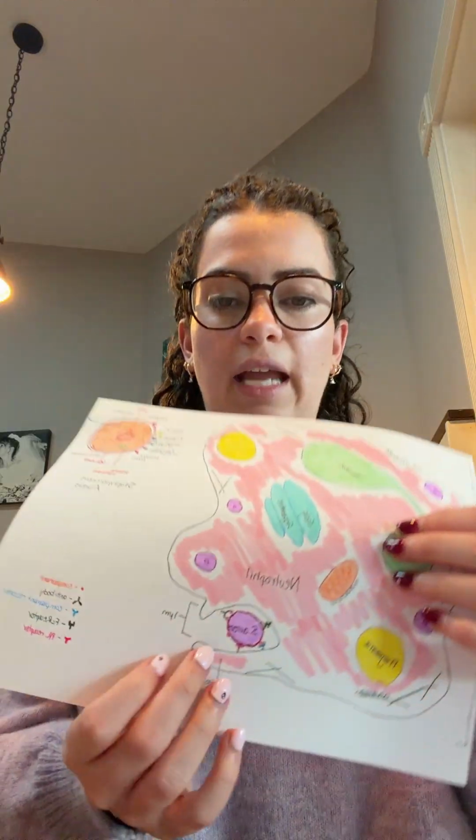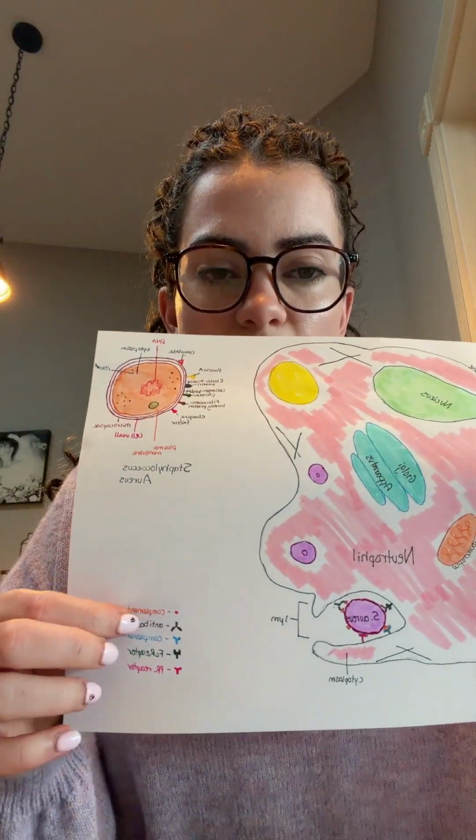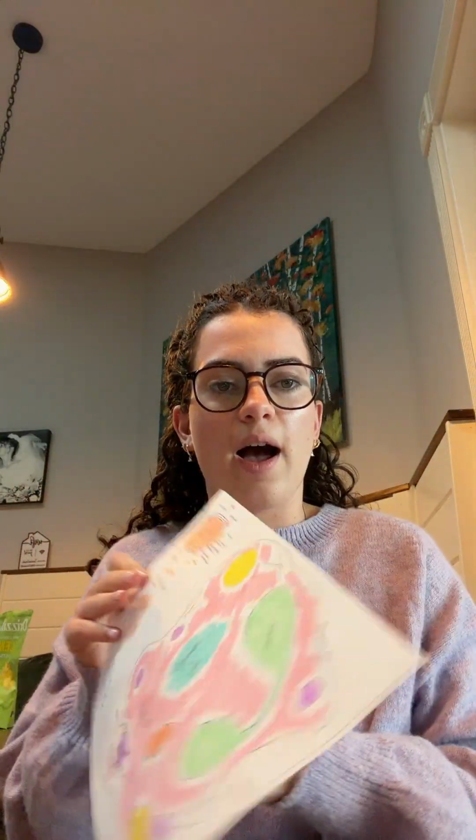Neutrophils do have surface receptors, like how I was showing you for the Staph aureus, and you can see them here. I also have a breakdown on the side, and I'll include this as well. These surface receptors will send signals during infection, and neutrophils will migrate to the site of infection.